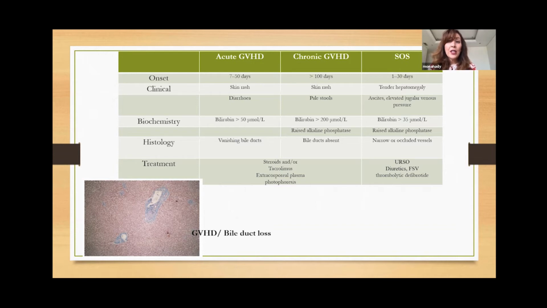Treatment of GVHD is by immune suppression, with steroids, tacrolimus, and extracorporeal photopheresis, ECP, in the resistant cases. Whereas in SOS, we treat the fluid overload with diuretics, treat cholestasis, and use defibrotide as a thrombolytic, especially in the high-risk group. Next.